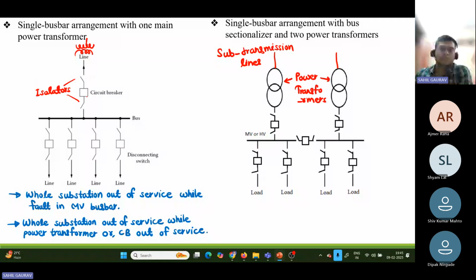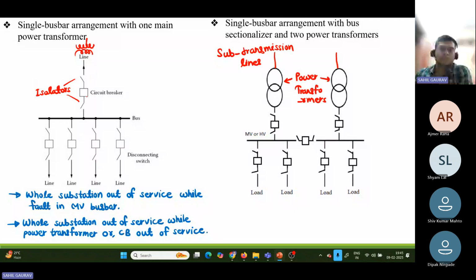While in the second case, we have two power transformers. If there is a fault in one power transformer, then the other power transformer can provide power to the feeders. So this one is the bus sectionalizer.